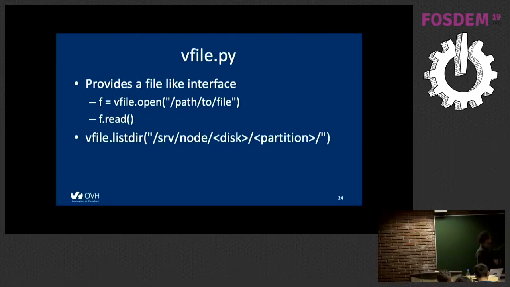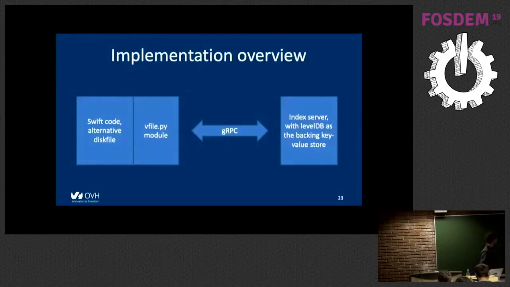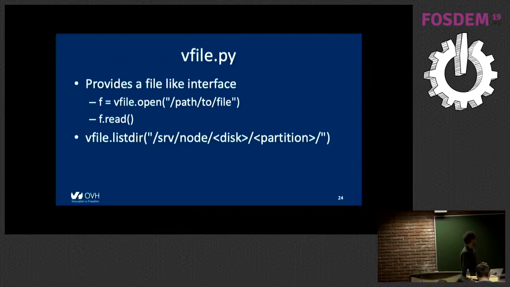But keeping that means that we don't have to patch much existing code. Because if I go back to here, even in this new code, we base our Python classes on the existing disk file code and we override only what we need, so as little as possible. Then once you have your file, you can just read and write like usual, and you can use listdir, which works as you would expect from the OS module.